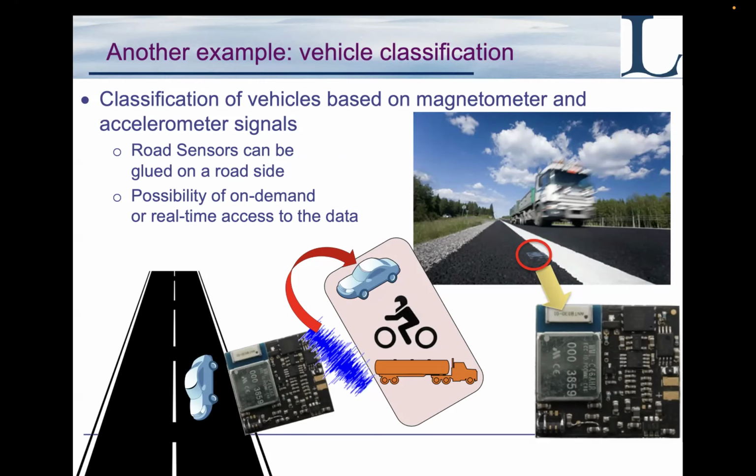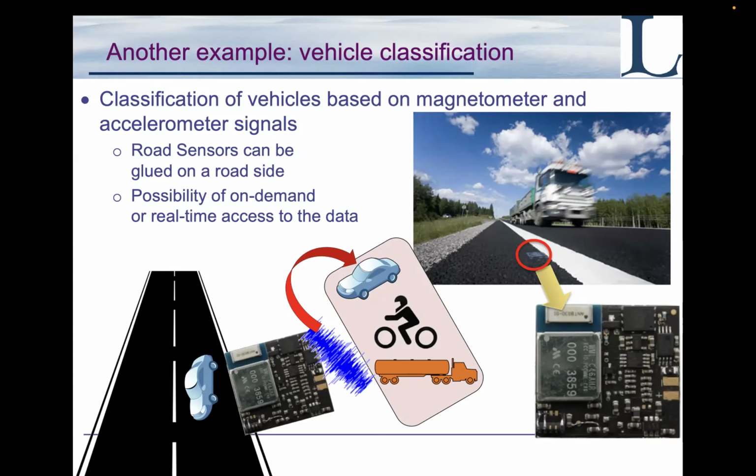These units would be totally autonomous, so battery powered. The simplest application would be to count cars. More advanced applications would be to detect the type of passing vehicles.